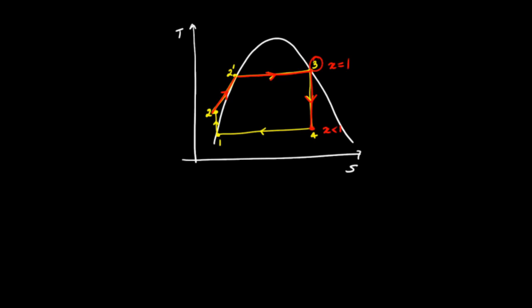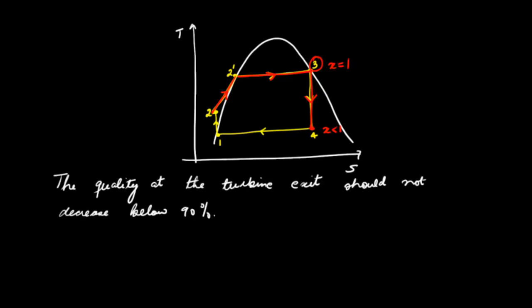In practice, the quality at the turbine exit should not decrease below 90%. Otherwise, because of the moisture, not only does the turbine efficiency decrease, but also moisture causes erosion of the turbine blades, particularly at the low pressure stages of the turbine, that is near the exit. Therefore, in practice, the quality at the turbine exit should not decrease below 90%.